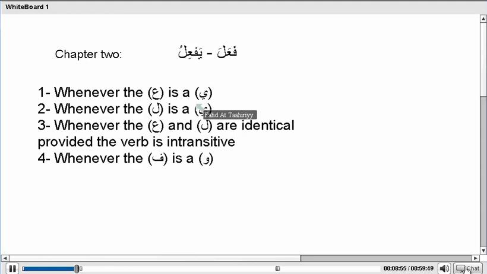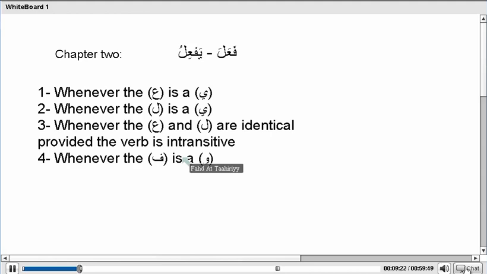There, whenever the ain is a waw, here whenever the ain is a ya. There, whenever the lam is a waw, here whenever the lam is a ya. There, whenever the verb has the ain and lam identical but it's transitive, here it's intransitive. And then we have an additional type of verb to which this chapter is a principle.